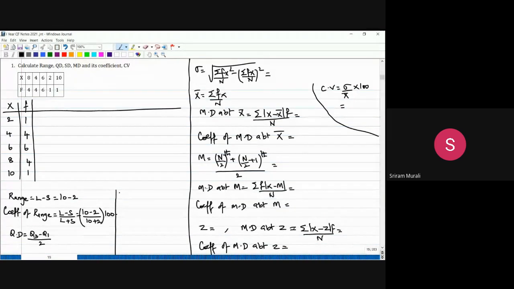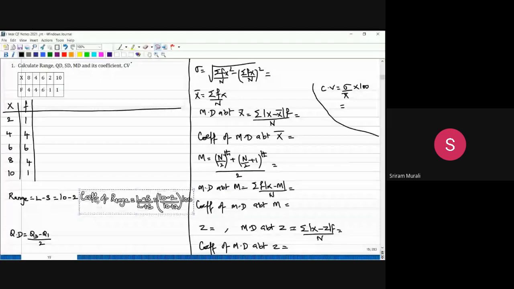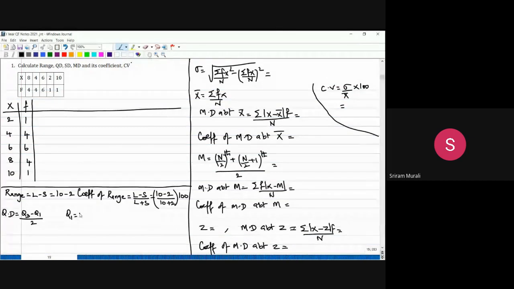So the formula to find Q3 is this. Q1 is the n plus 1 by 4th position.